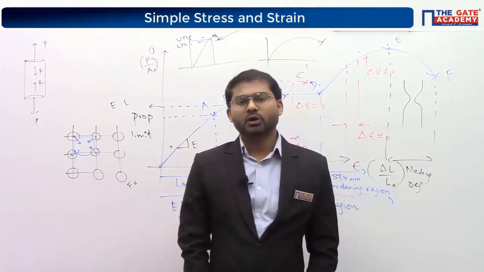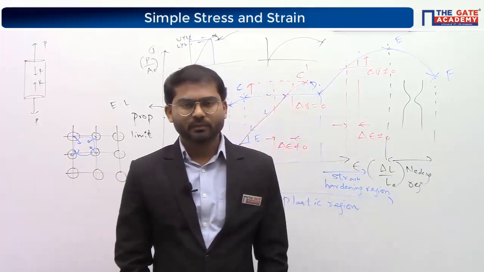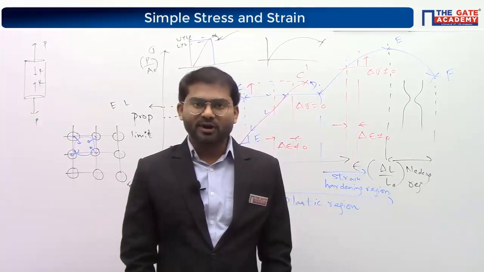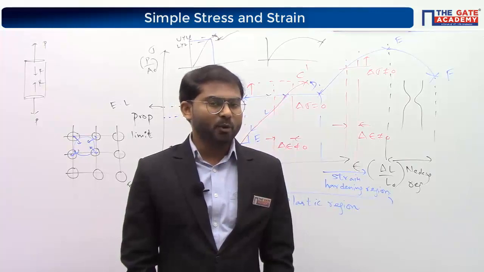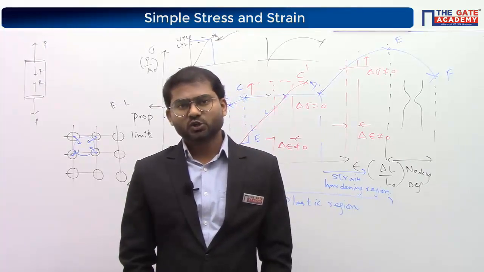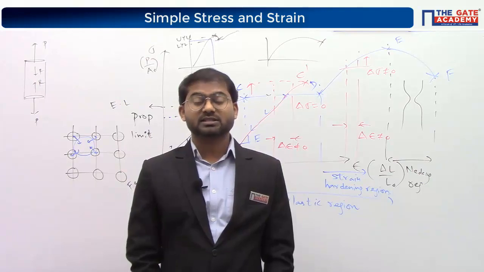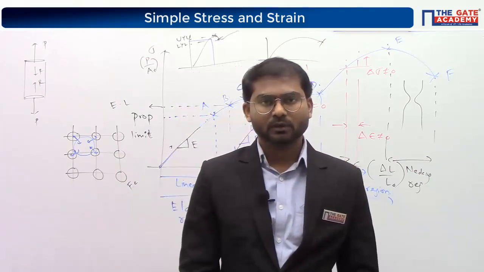The reason is, please listen carefully here. In a real scenario, point A is the proportionality limit, point B is the elastic limit, and point C is the yield stress. All these three points are very near to each other. So in a real scenario, you will not have any distinctive difference between these three; you'll have a single value.